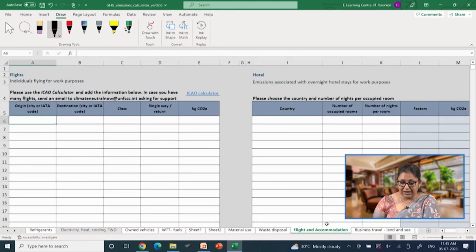So, this is flight and accommodation for individuals who are flying for business purpose, academics, work purposes, depending upon the business goals and activities required for different businesses.